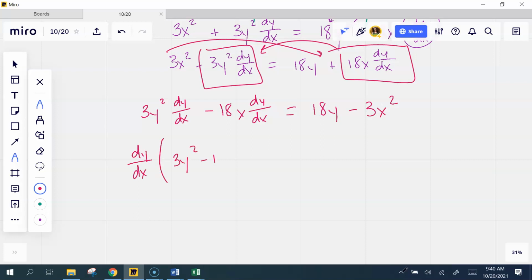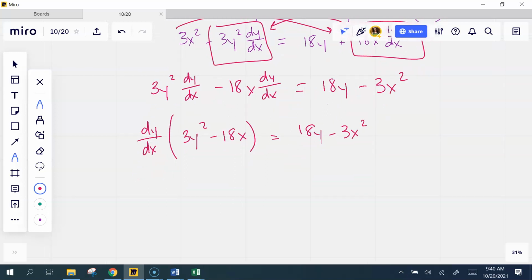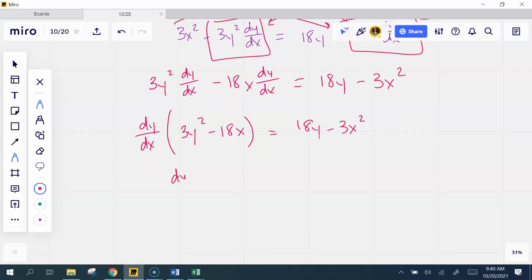Right now, we're just concerned about getting... Now, how do you get dy/dx by itself? Divide it. That's exactly right. So dy/dx equals 18y minus 3x squared over 3y squared minus 18x.